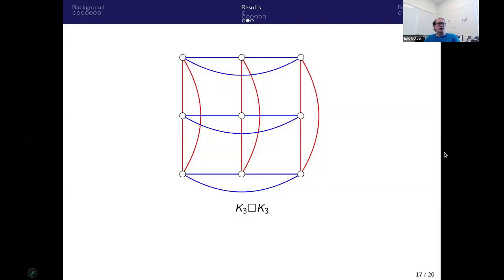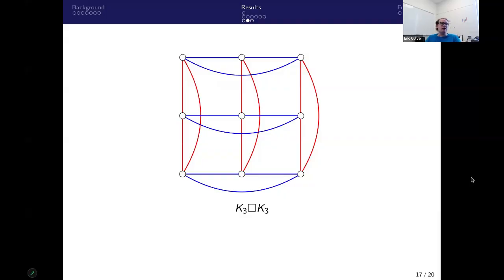And so utilizing essentially the same idea as in the proof before, but instead of separating the adjacency matrix into a sum where the blocks are edges, we separate the adjacency matrix into a sum where the blocks are K3s.